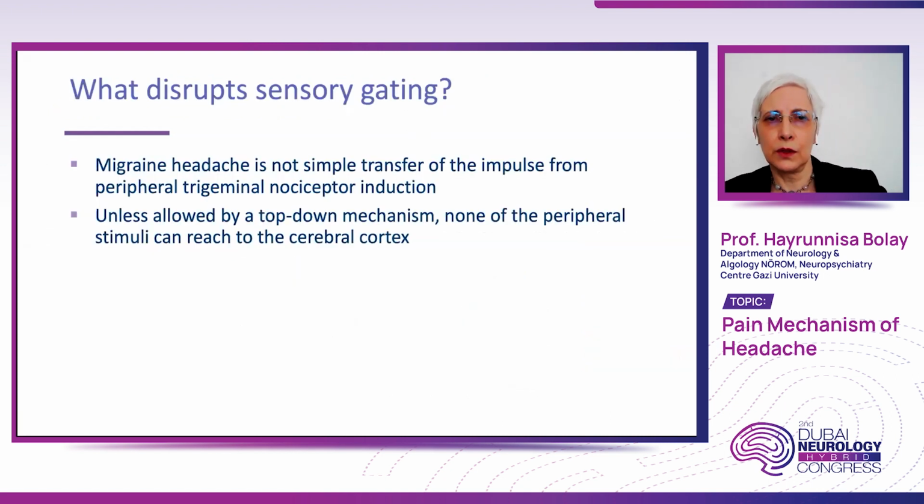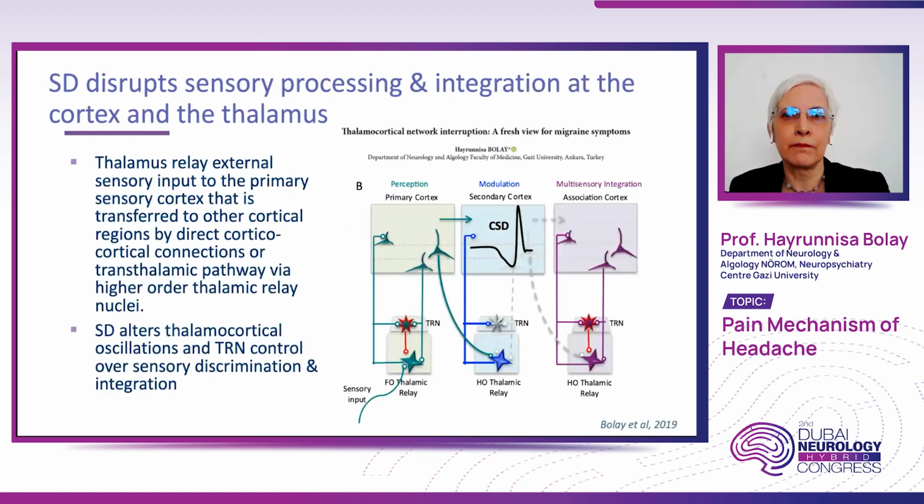So, what caused that disruption? What disrupts the sensory gating in migraine patients? We know that migraine headache is not a simple transfer of impulse from the peripheral trigeminal nociceptive induction, and unless it is allowed by a top-down mechanism, none of the peripheral stimuli can reach the cerebral cortex. So one theory is cortical spreading depression, which is totally different in the human brain.